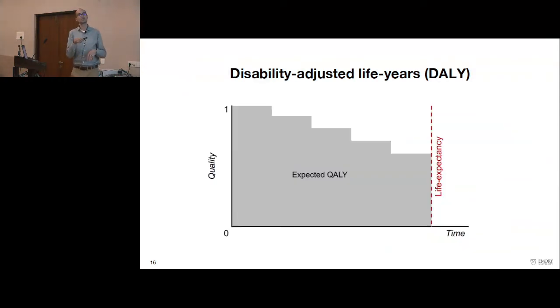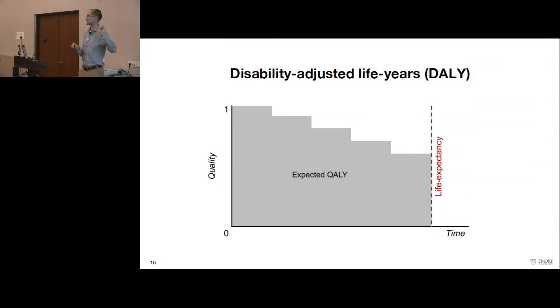Maybe let's take this illustration, which I personally like a little better than the previous one. So right now we have a person. This dimension is time, this dimension is the quality of life, and this person lives in perfect quality, then gets a little worse, a little worse, a little worse.